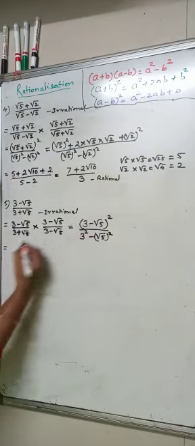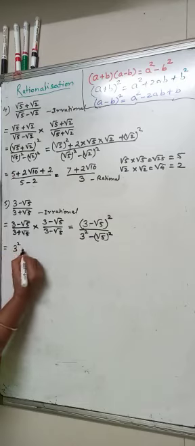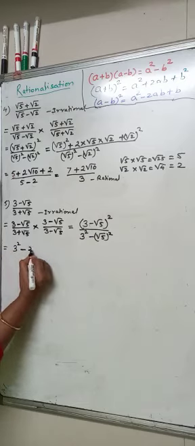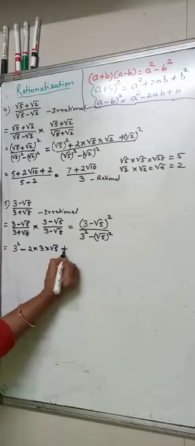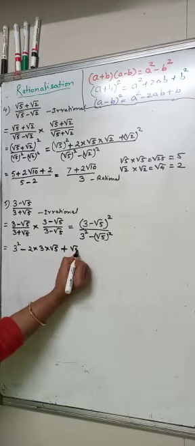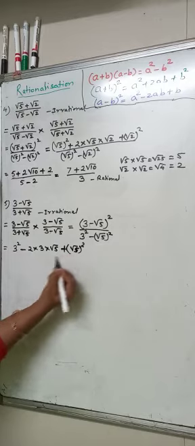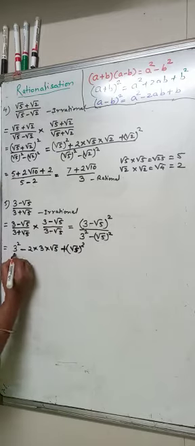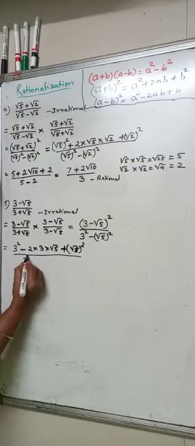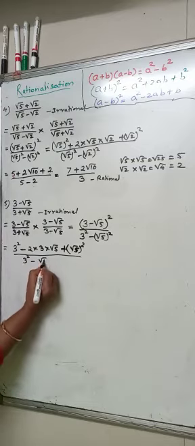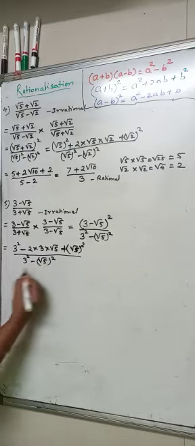Now a square is 3 square, minus 2ab, so 2 into a, which is 3, b is √5, plus (√5) the whole square, upon 3 square minus (√5) the whole square.